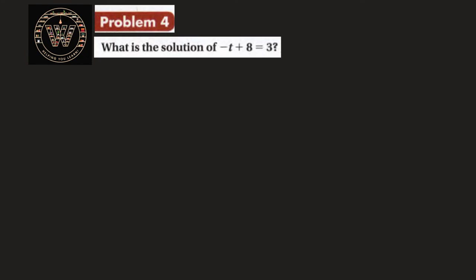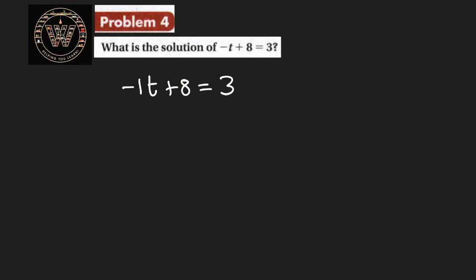Let's try this. What is the solution of negative t plus 8 is equal to 3? When there is no number multiplied with the variable, you can consider it to be 1. So we can rewrite this whole equation as negative 1t plus 8 is equal to 3.